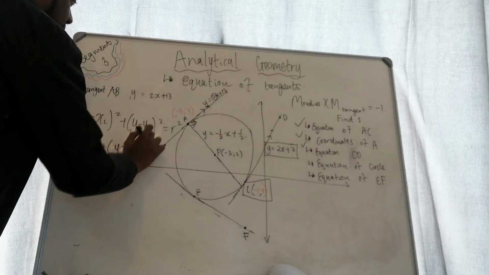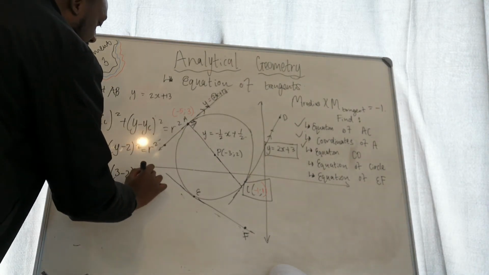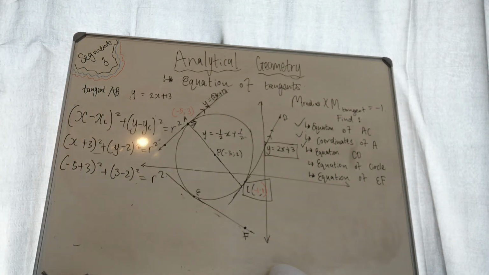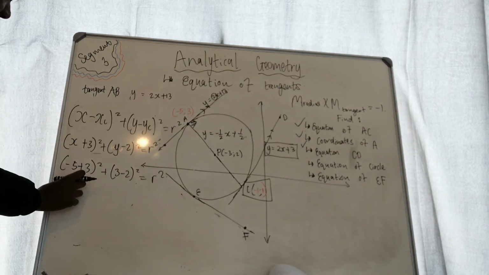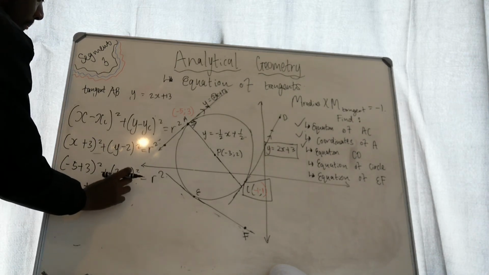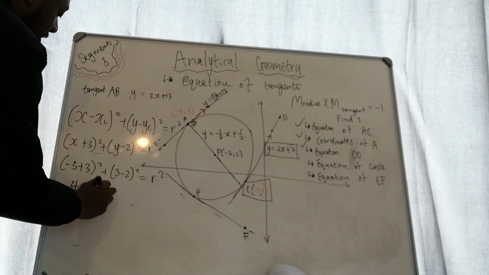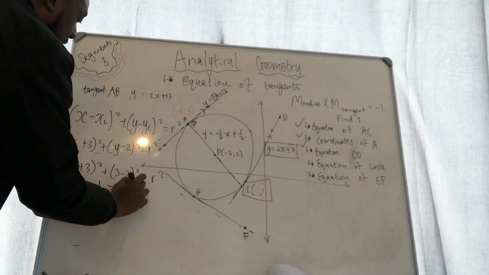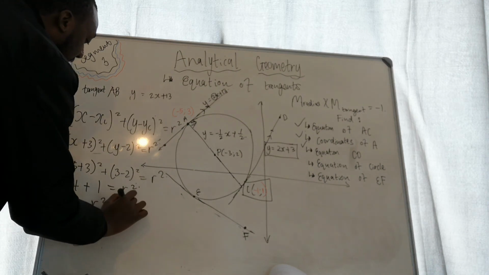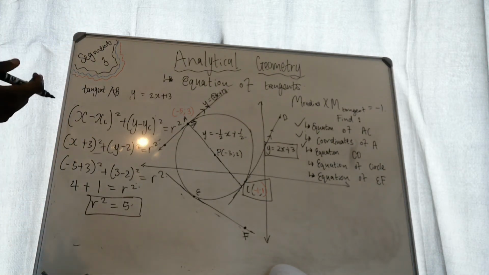Squared, 3 minus 2 squared. You're solving for R, you add these, you get a minus 2, you square, you get a positive 4. You minus these, you get a positive 1, you square, you get a positive 1 still. So my R squared value is actually equal to 5. Right? Beautiful.